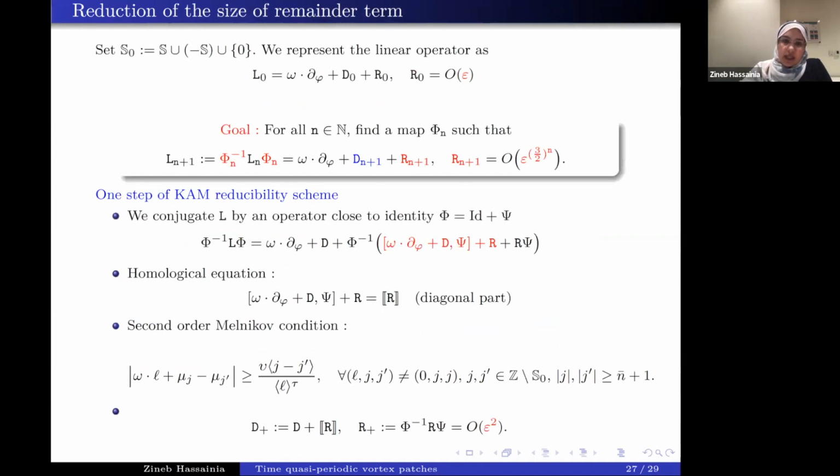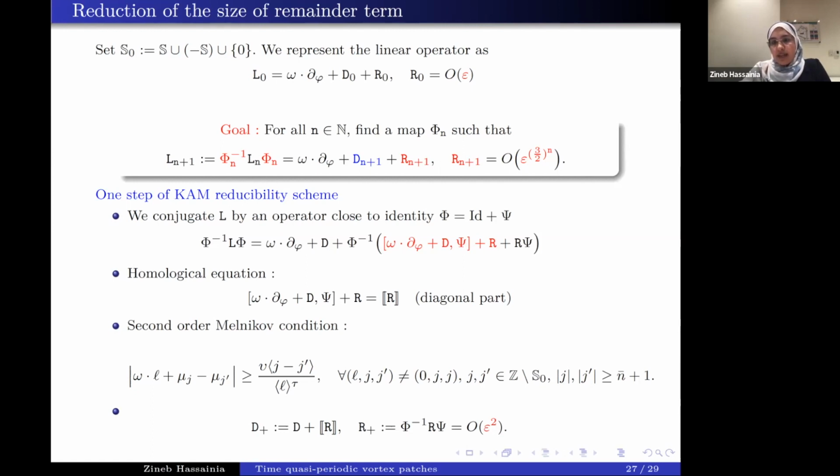Then the next step is to reduce the remainder. So we want to find a set of transformations that reduce further and further the size of the remainder. This is done by a KAM scheme.